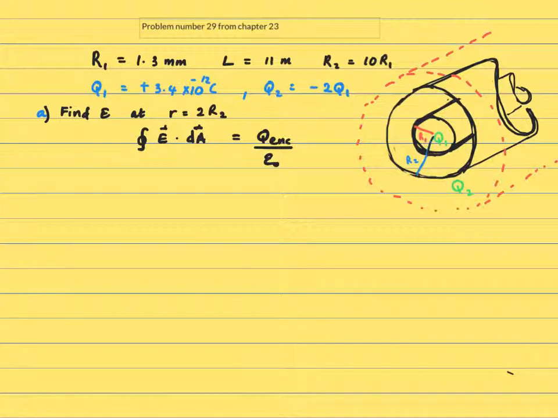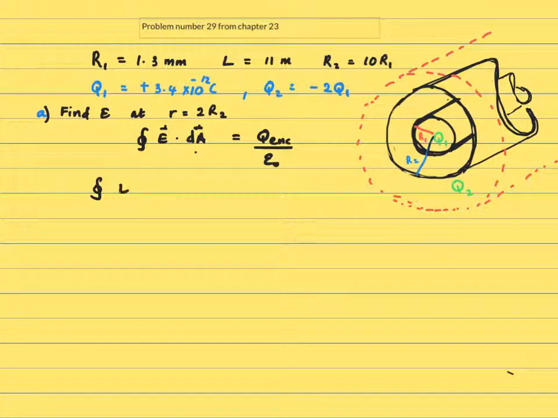Now that I have marked the Gaussian cylinder, I am going to apply it and solve the problem. Here I have E dotted with dA, and the E field is directed radially outward and is parallel with the area vector. Therefore the cosine of the angle between them is cosine 0.